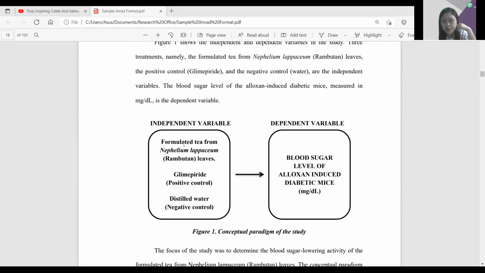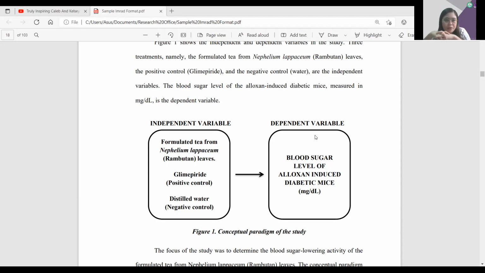So they have the formulated tea of their rambutan, and then they have their positive control, that is their standard drug, and glimepiride is already marketed and ginagamit na talaga siya as anti-diabetic drug. And then they have the negative control also, meaning meron silang mga daga na tubig lang yung binigay nila. Negative control ang tawag natin dyan. Kasi hindi naman tayo mag-expect na magkakaroon ng activity si tubig doon sa blood sugar level.